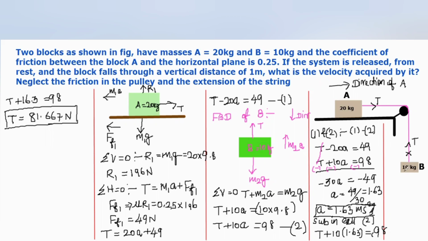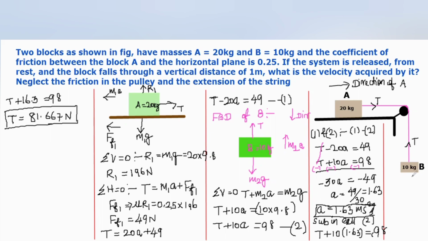But here, this is connected by using a string with the object A, which is sliding over a rough horizontal plane. So this object will move downward, but this will not move with that much acceleration.